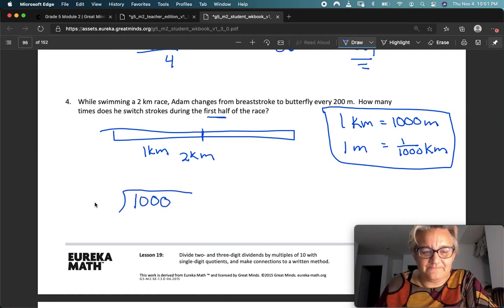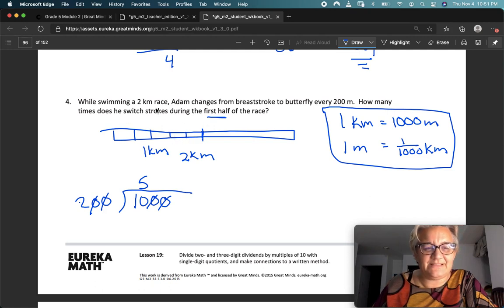divided by 200. Okay, I'm going to show you a trick. I can erase this one and this one, this one and this one. And I know that 2 goes into 10 5 times, so I can split this into 5. 1, 2, 3, 4, 5.